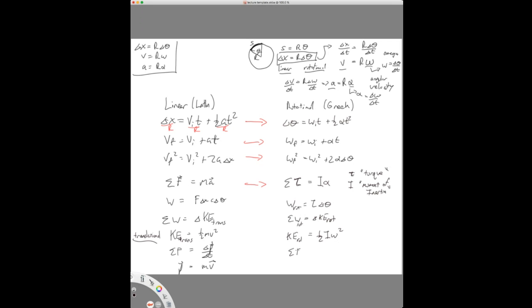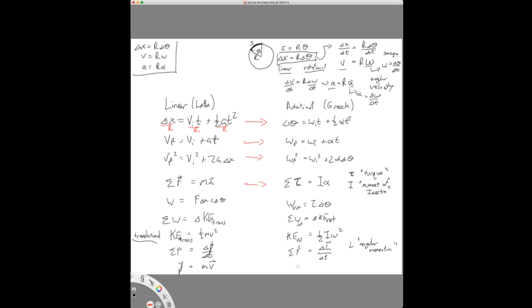And then finally, the net force equals delta P over delta T. The Greek version of momentum is called angular momentum. And it uses the letter L. That really annoys me because it's not a Greek letter, and I really want this to be perfect to go from Latin into Greek.